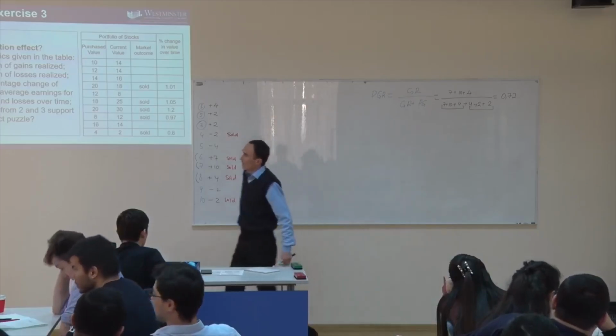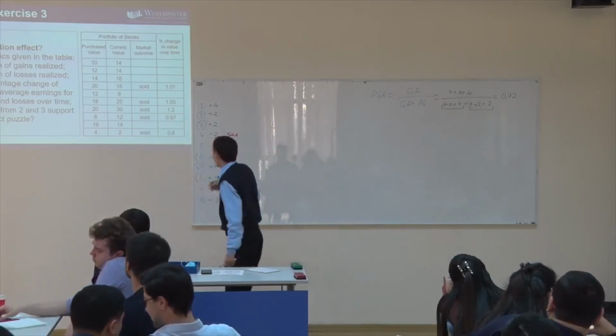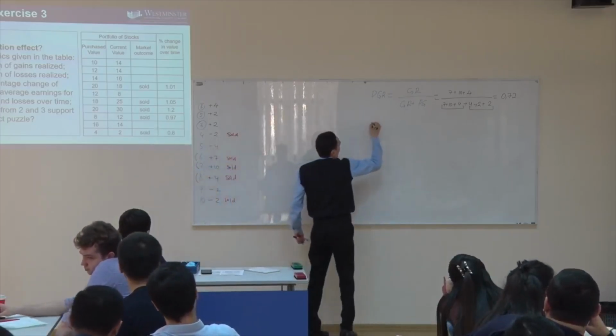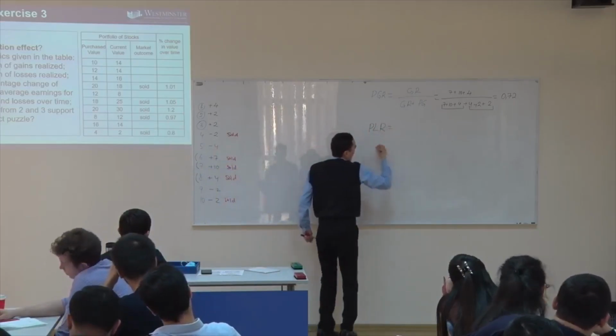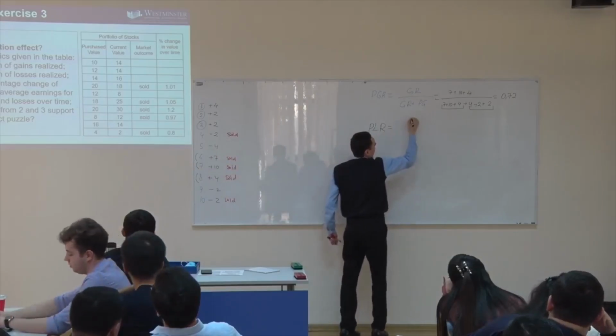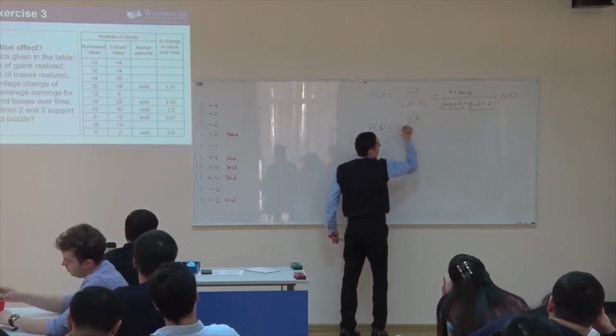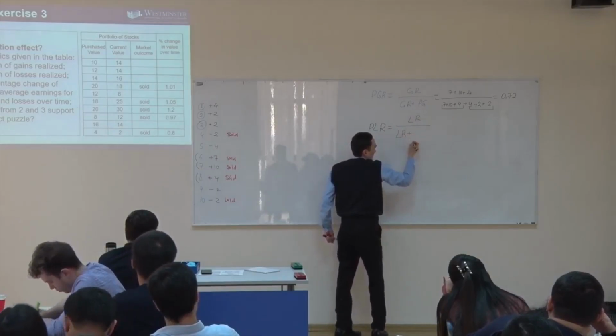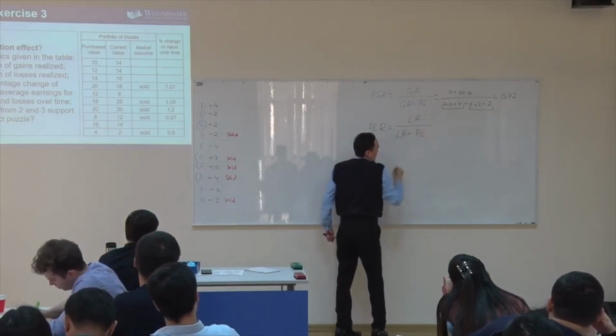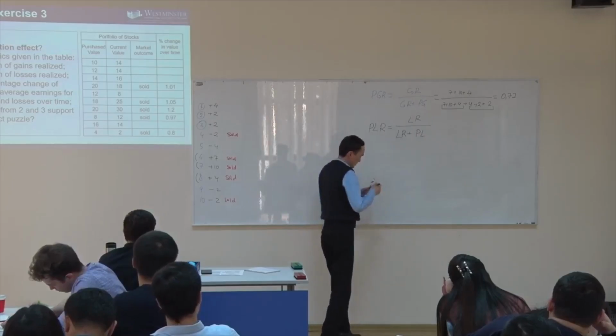Next one. We have to find the proportion of losses realized. Can you find it now? What's the formula? Losses realized over losses realized plus paper loss. Okay, paper loss.